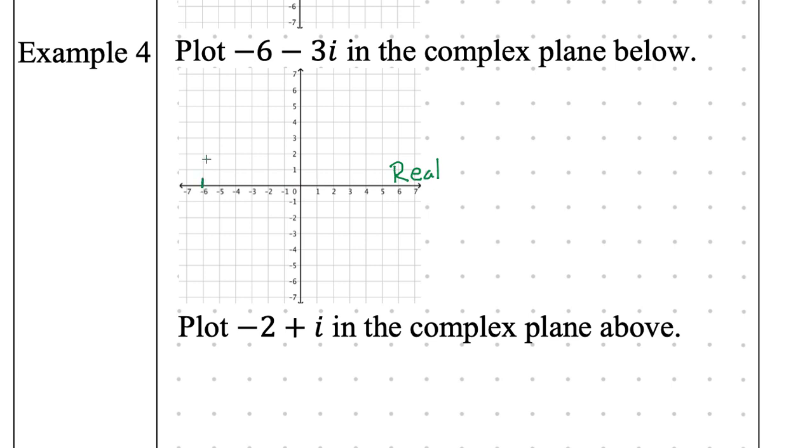And then I'm going to go minus 3 in the imaginary. So the imaginary is going up and down. This is imaginary. So I'm going to go down 3, and there is the point, -6 minus 3i. I have plotted -6 minus 3i.